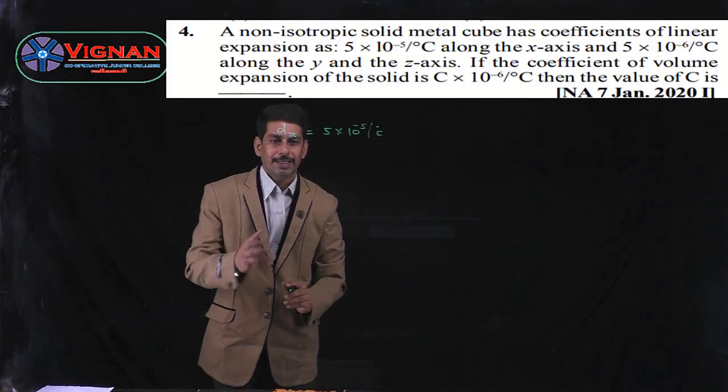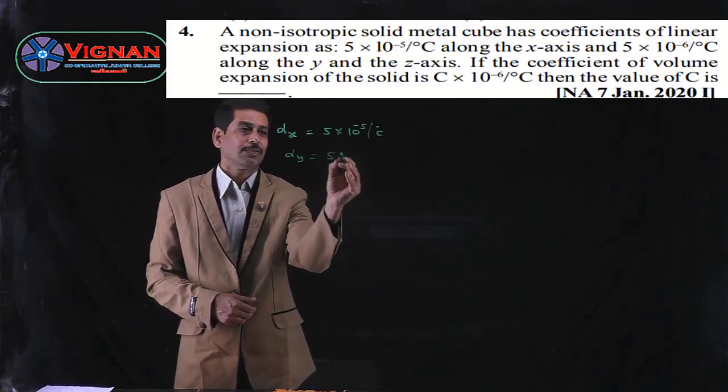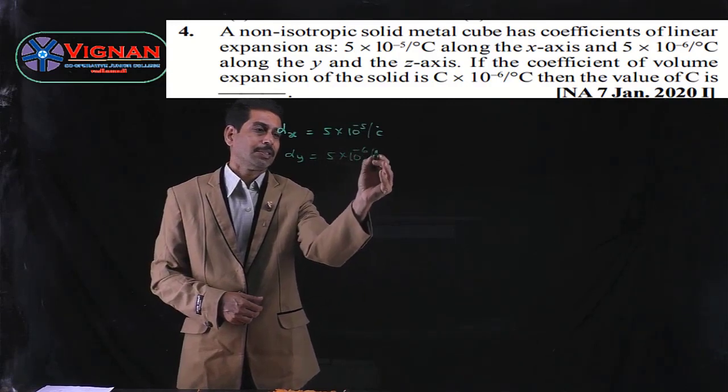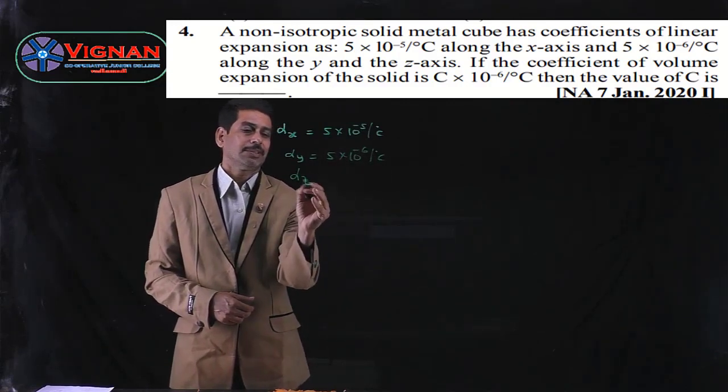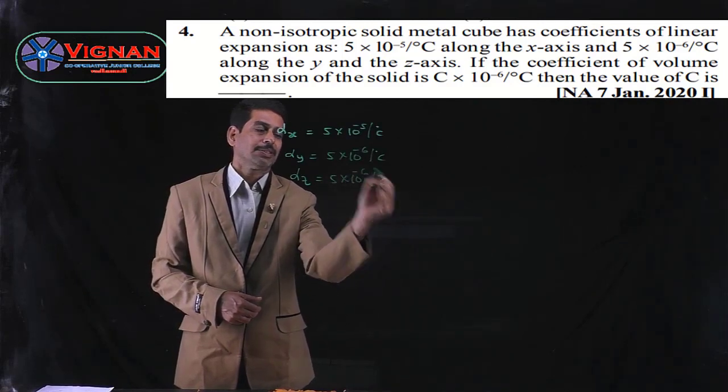And alpha y is 5 into 10 power minus 6 per degree centigrade, and similarly alpha z is 5 into 10 power minus 6 per degree centigrade.